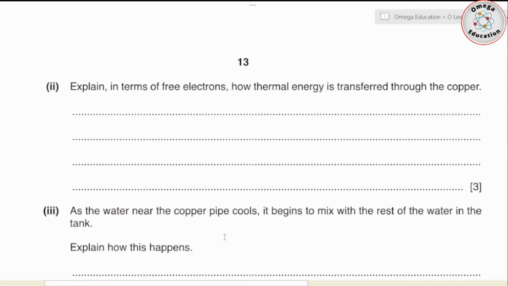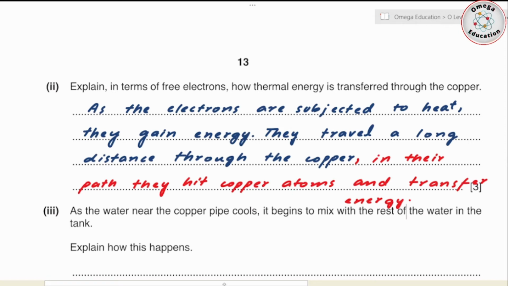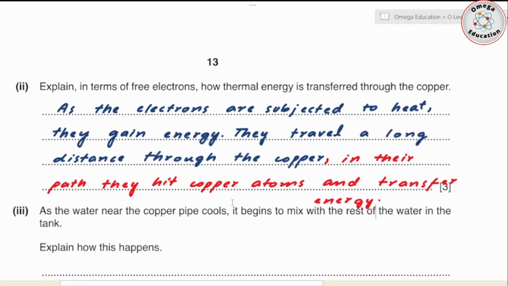The next one we have is explain in terms of free electrons how the thermal energy is transferred through the copper. So for this question we can answer it this way. As the electrons acquire the heat, they gain the energy, and the heat energy is converted to their kinetic energy, and with that energy they travel a long distance through the copper metal.